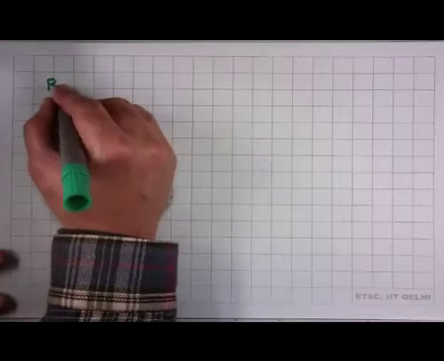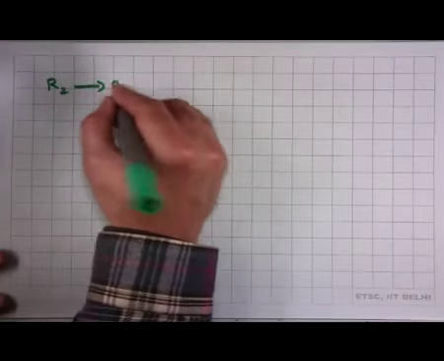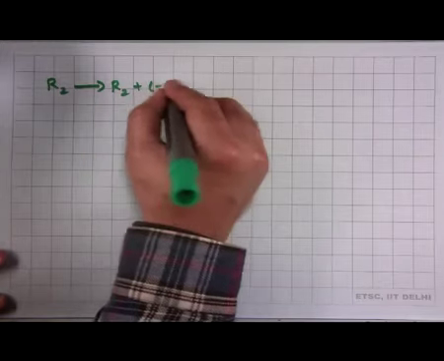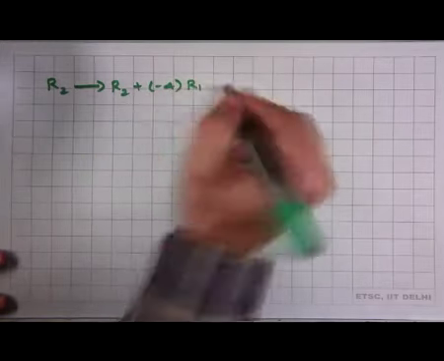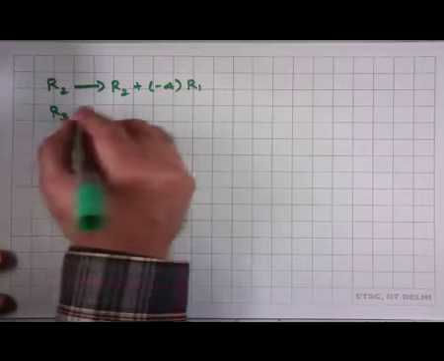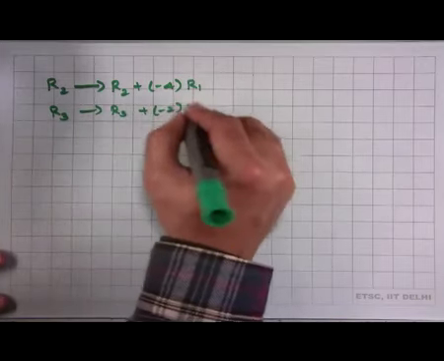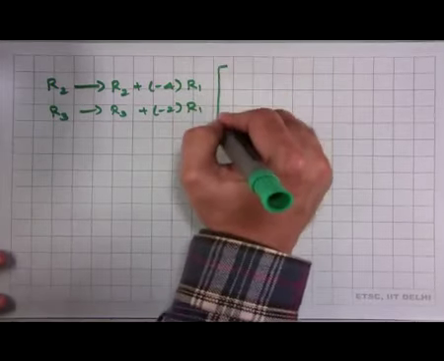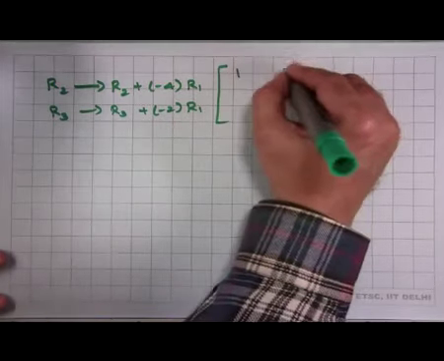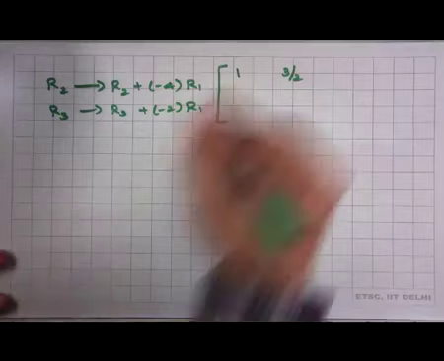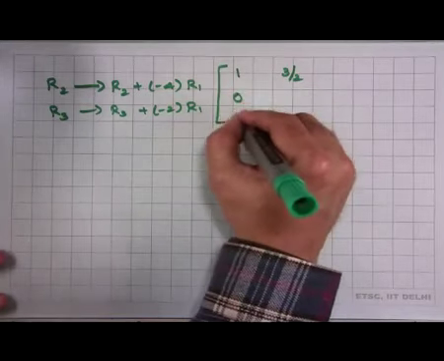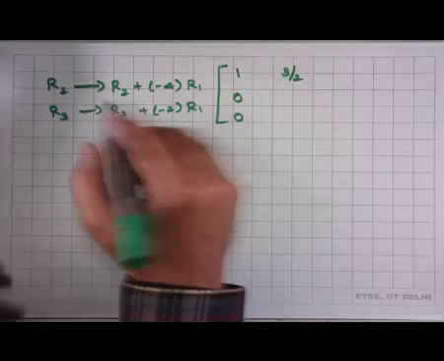So, I will have to replace R2 by R2 plus minus 4 times R1 and R3 by R3 plus minus 2 times R1. I have 1 and 3 by 2. I will have to convert these two into 0, right. Therefore, these two operations are done.